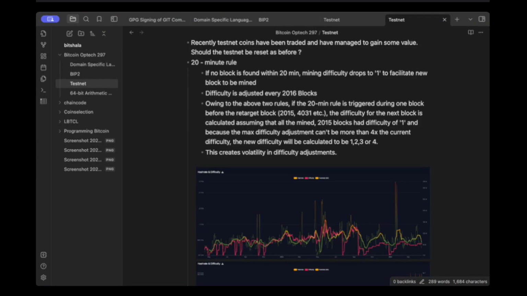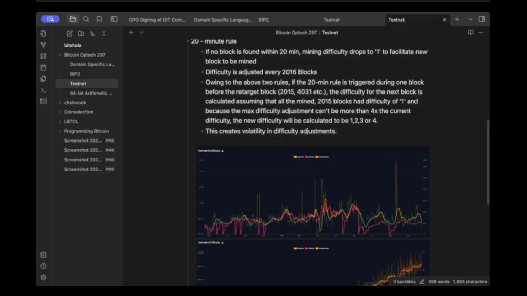There is also a cap on the difficulty adjustment: you cannot adjust by more than 4 times the current difficulty. That is the constraint on difficulty adjustment, so the algorithm will calculate the new difficulty to be between 1 and 4. What this creates is extreme volatility in your difficulty levels.